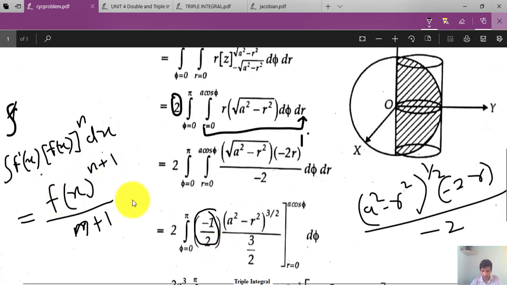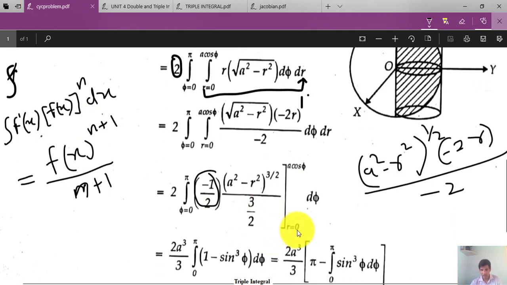Therefore it is f of x. What is your f of x? It is a square minus r square, with n equal to half, so n plus 1 is 3 by 2, divided by 3 by 2, over the limit r equal to 0 to a, cos phi d phi.